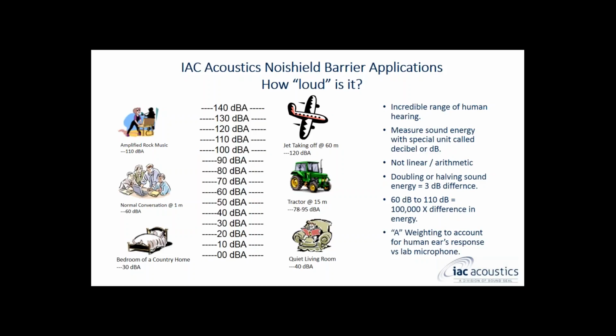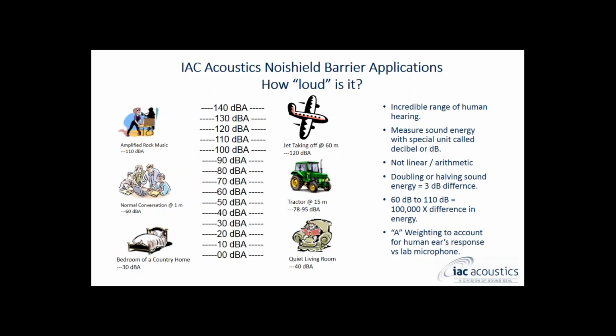One of the important things to understand is that those measures are not linear or arithmetic. They're actually exponential. So a doubling or halving in sound energy doesn't just mean that you're going from 40 dB to 80 dB. A doubling or halving of sound energy means that you're adding 3 decibels or subtracting 3 decibels.